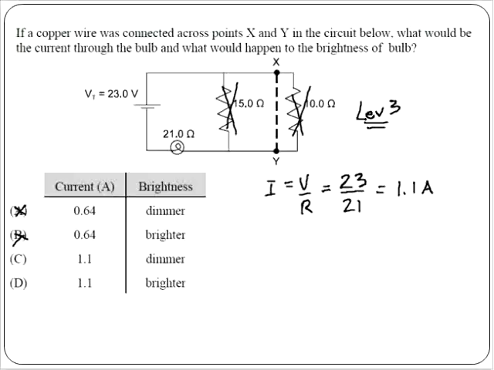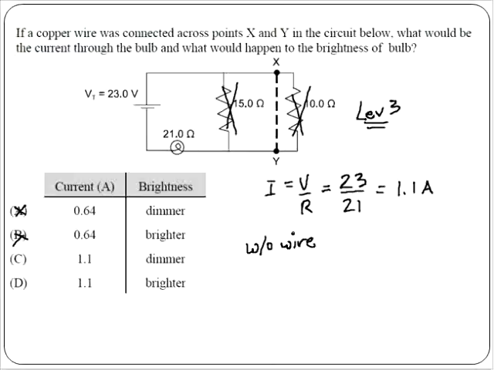That's actually what it was before the wire was put there. So now, did it get dimmer or did it get brighter? Well, let's just think about it. Without the wire, there were more resistors.